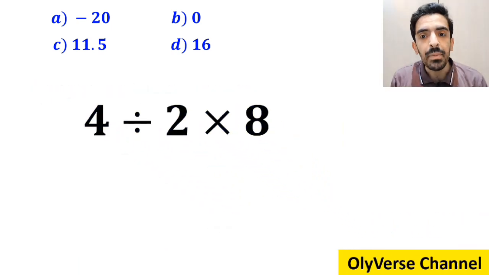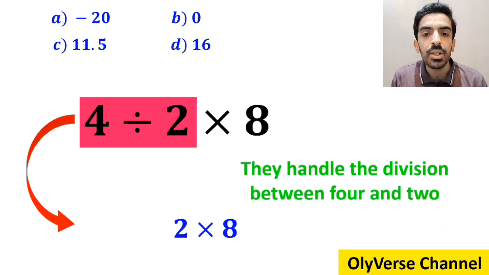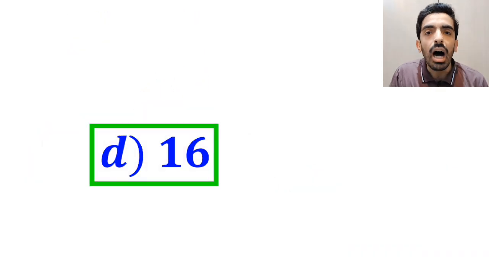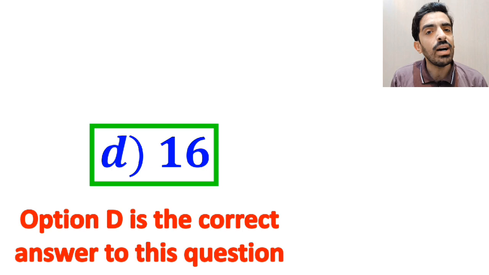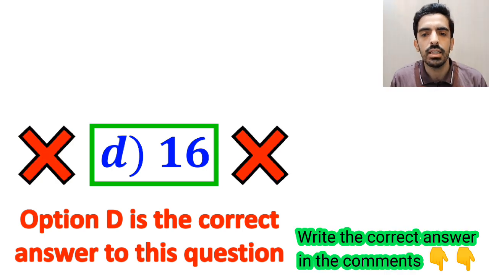In the next step, they handle the division between 4 and 2 and write this expression as 2 multiplied by 8, which eventually gives them the answer 16. Then, without any hesitation, they quickly say that option D is the correct answer to this question. However, this answer is absolutely wrong.